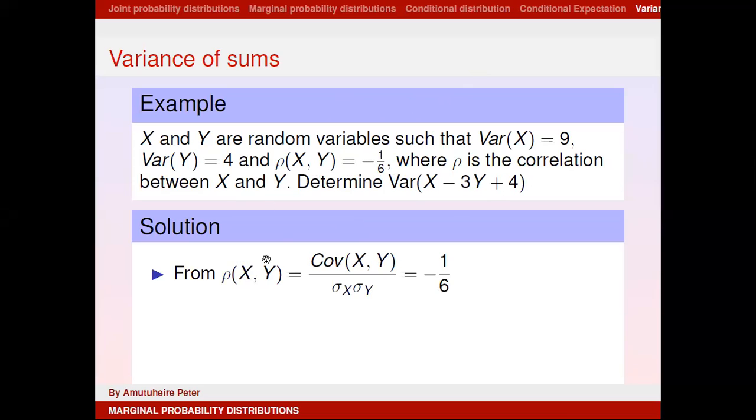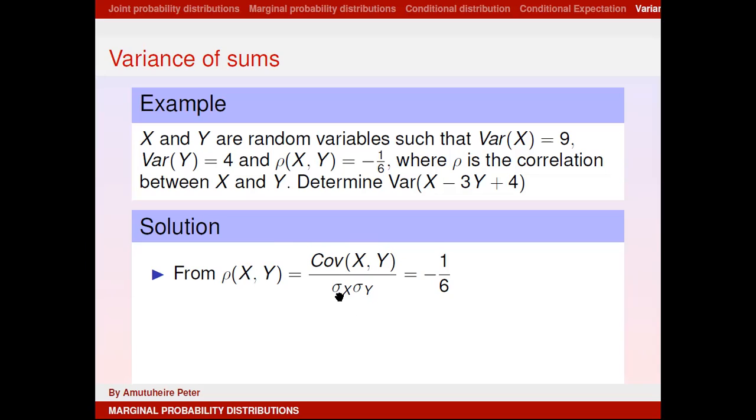So we know that the covariance gives us the correlation. Correlation is the covariance divided by the product of the standard deviations. Remember, these are standard deviations, not variances. Variance is sigma squared, so you take the root. You can write sigma x, sigma y.